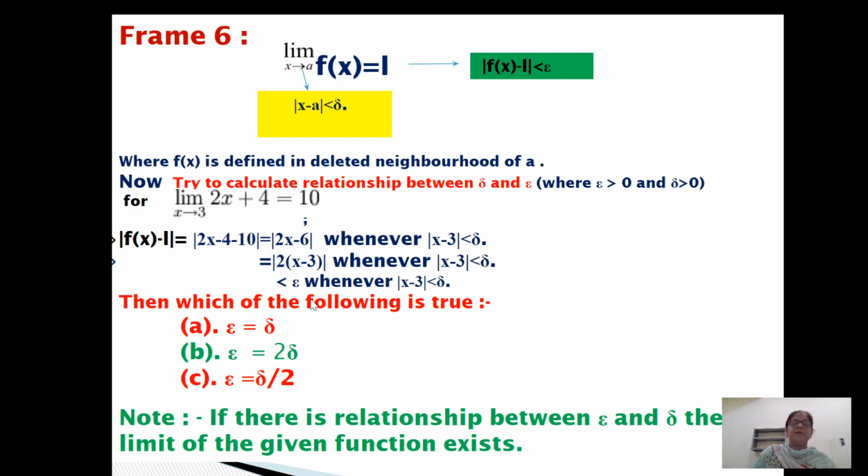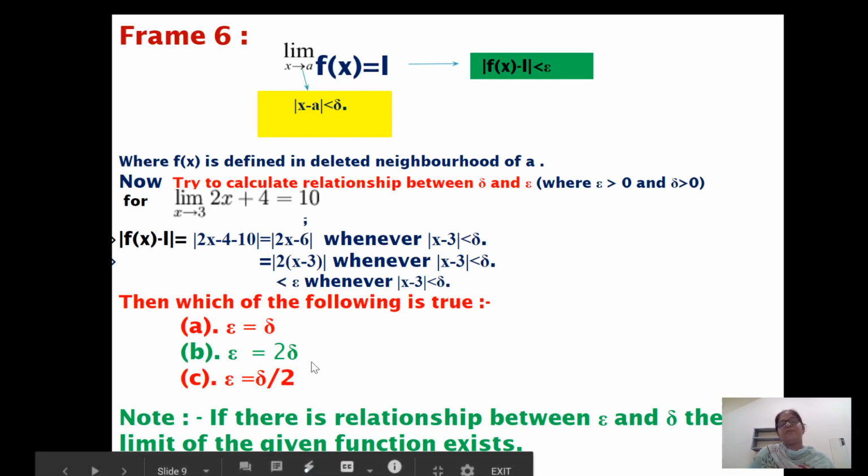Here you see, if I put twice of delta equal to epsilon, can I put? No. If I put it, it means epsilon is equal to delta by 2. No. It means epsilon is equal to twice of delta.